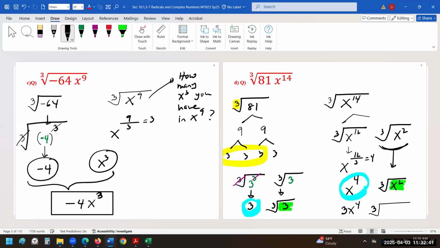And then inside the radical, we had 3 and x squared, so we put them together inside one radical. And now it's the final answer. We separately simplify each one of them, not solve. And then at the end, whatever is outside the radical, we put together on the outside. Whatever is inside the radical, we put together inside one radical.